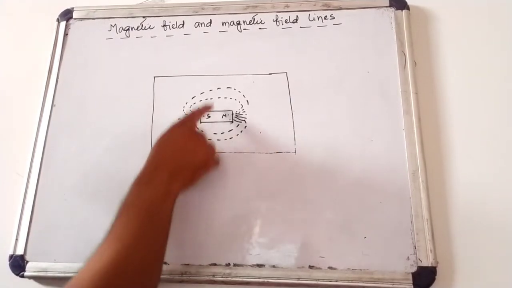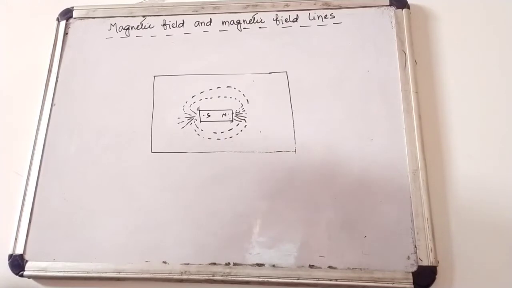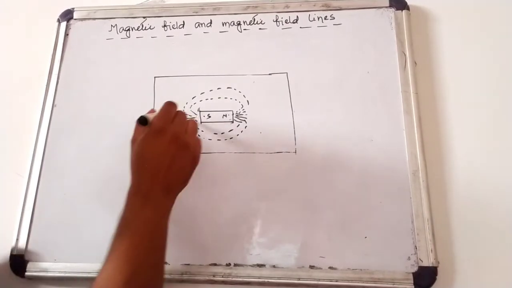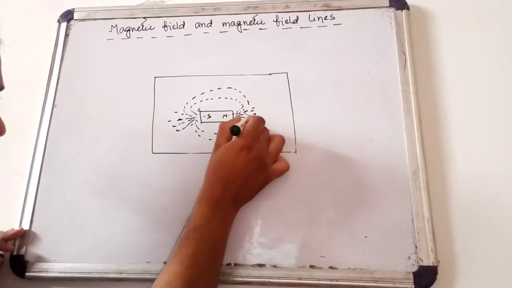But in these two portions, the iron filings will be less, and near the pole the iron filings will be more.